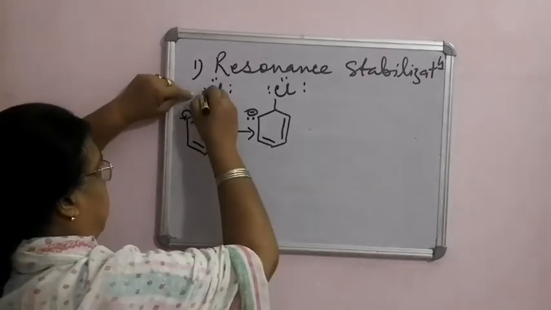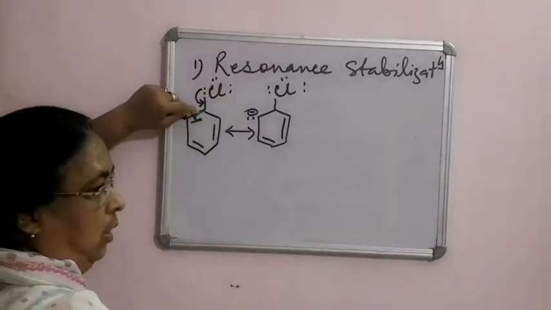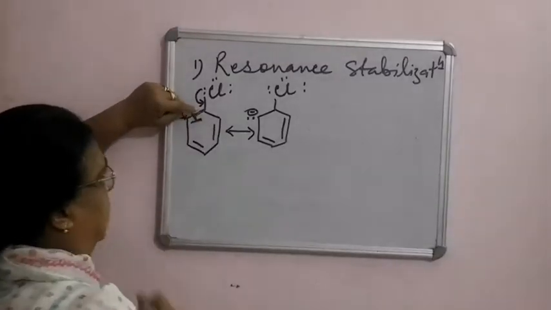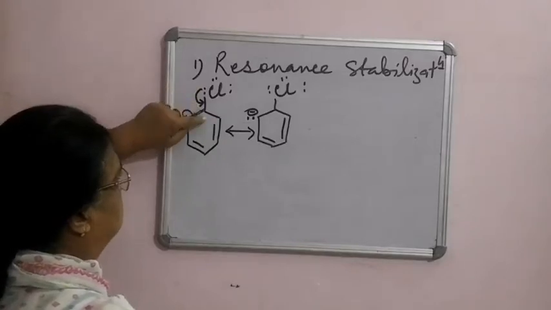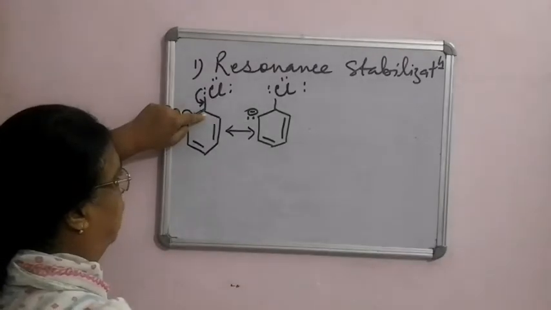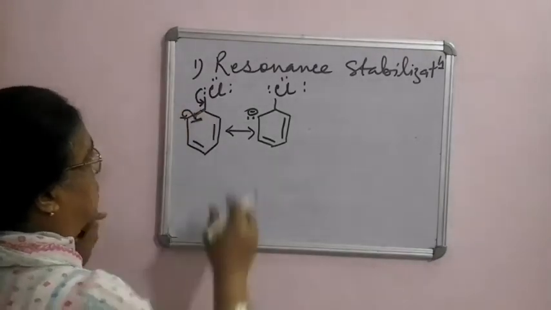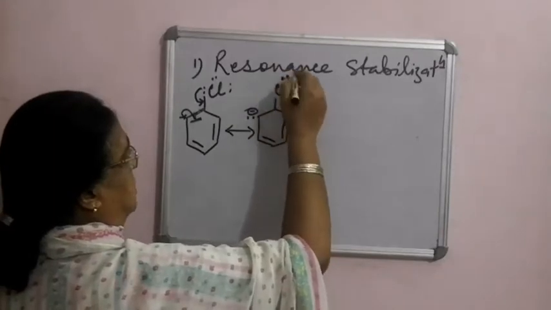Because of that positive charge, one of the lone pairs will be moving. That is called delocalized. From here it will be delocalized to the carbon which is having positive charge, meaning having low electron density. And so here there will be no three pairs of lone electrons.